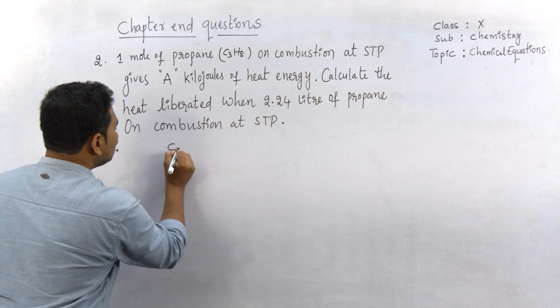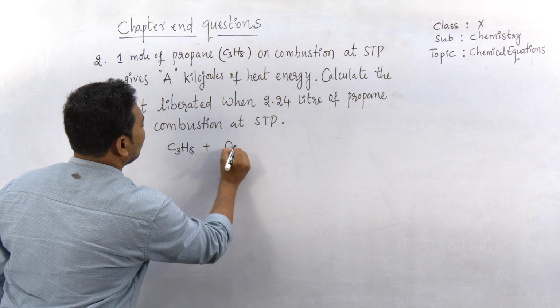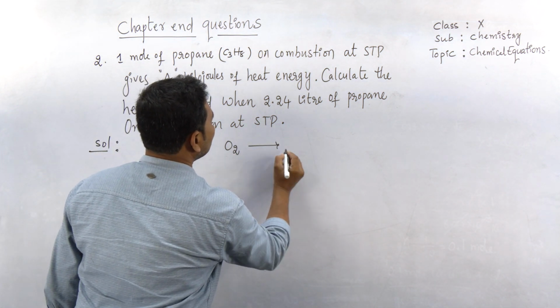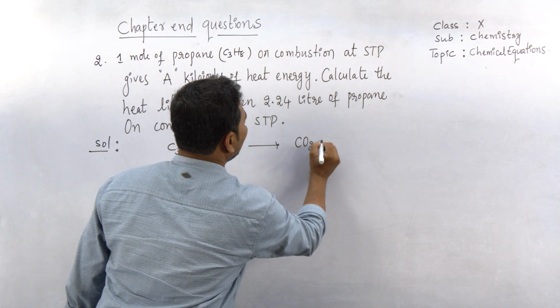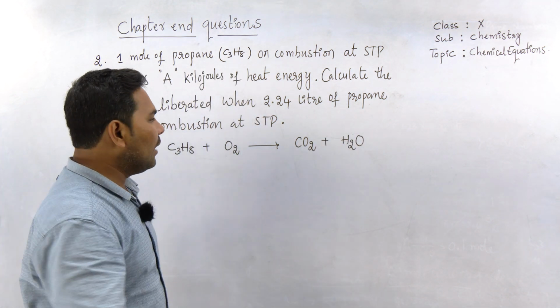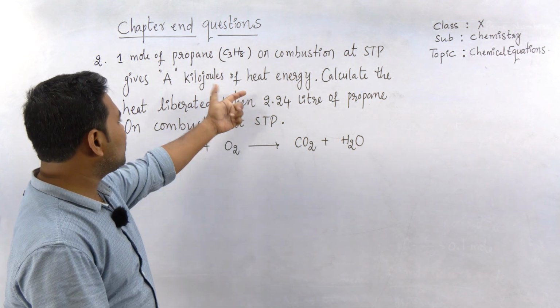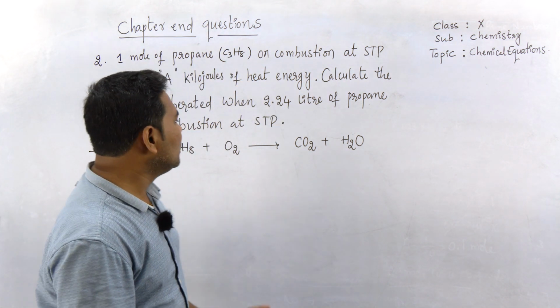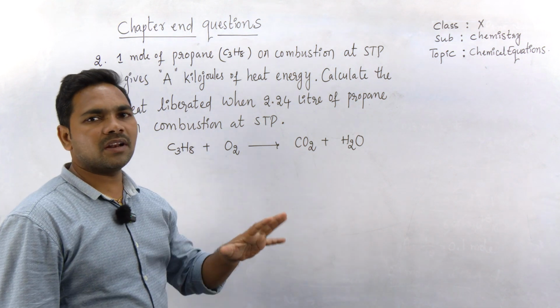So propane, C3H8, on reacting with oxygen burns and produces carbon dioxide and water. How to identify products for a combustion reaction?